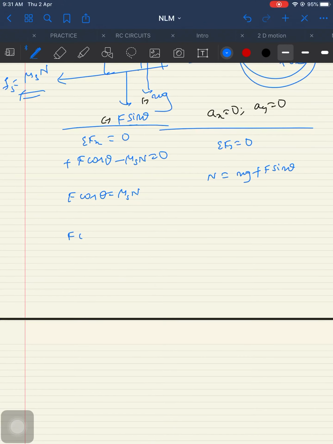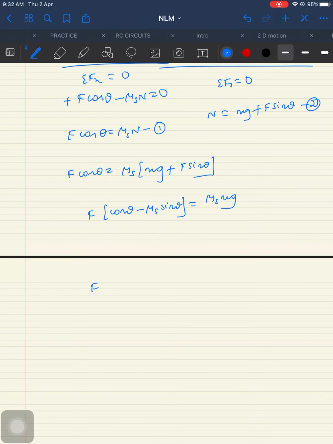So F cos theta is equal to mu s into N; say this is equation 1 and this is equation 2. Putting equation 2 in equation 1, F cos theta is equal to mu s into (mg plus F sin theta). So F times (cos theta minus mu s sin theta) is equal to mu s mg.